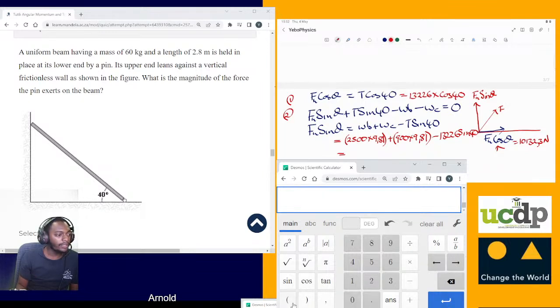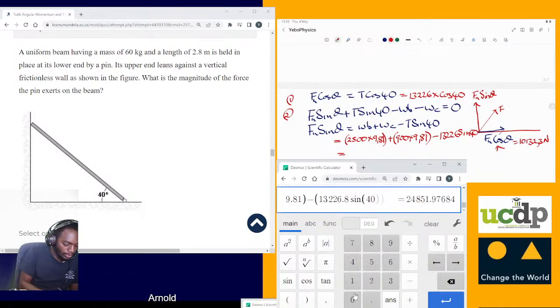Then the vertical will be 2,500 times 9.81 plus the weight of the car, minus the tension component.